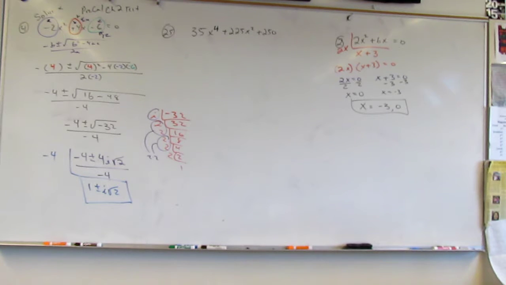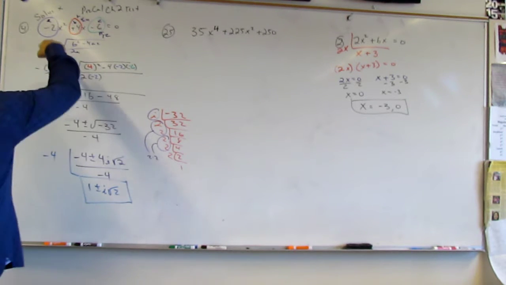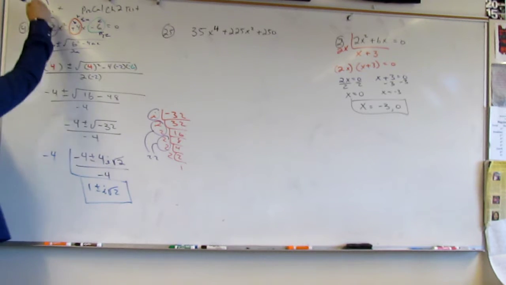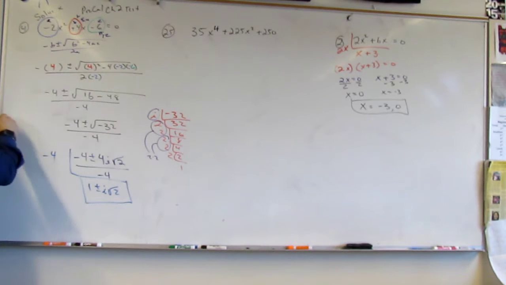What does it mean to have i? It's imaginary. Why? We know that this thing's frowning, right? What it means is that wherever this is, it's frowning underneath. You see what I'm saying?